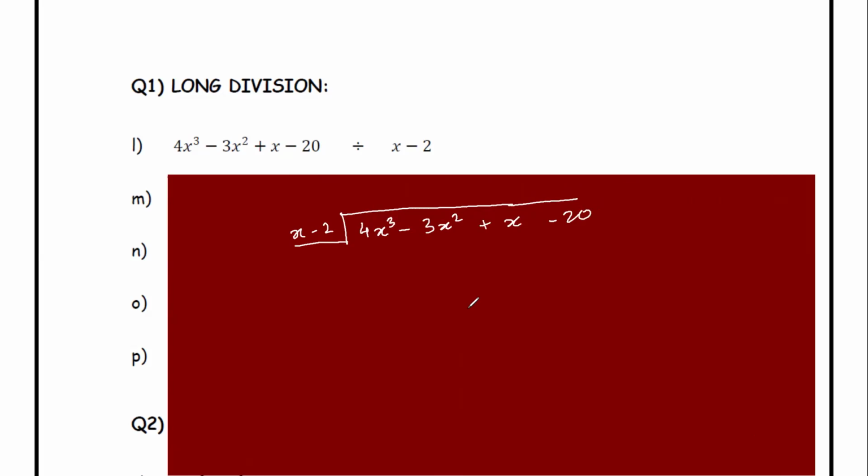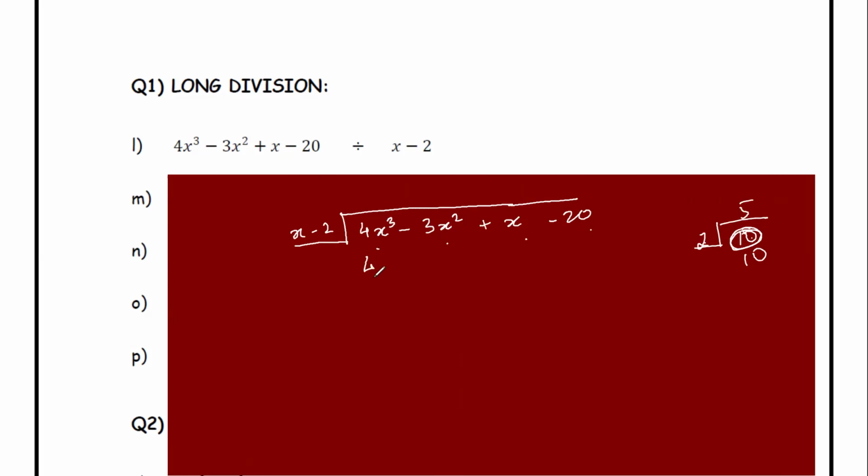I'm intentionally separating each of these monomials out here. Now if you had something like 10 and a 2, then you'll say 2 goes into 10 5 times, correct? So you try to get exactly the same number, right? So a similar thing you have to do out here.